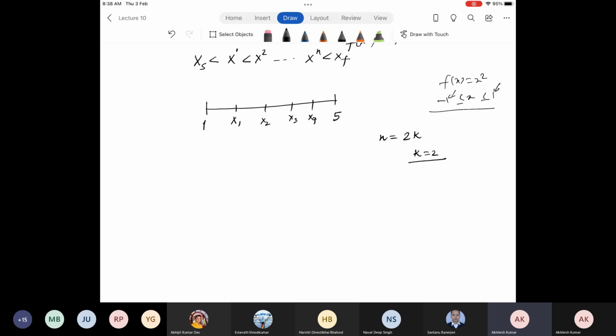Is that correct, guys? What would be the length of each segment? Maximum minus minimum divided by the number of segments. Give me the value directly. 4 by 5, 0.8, right?